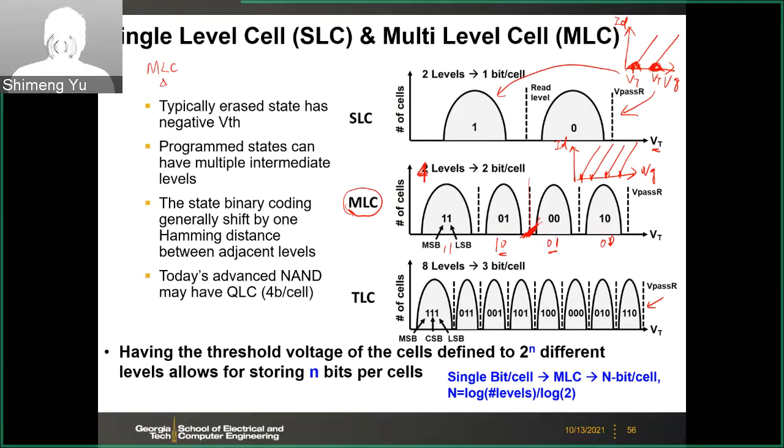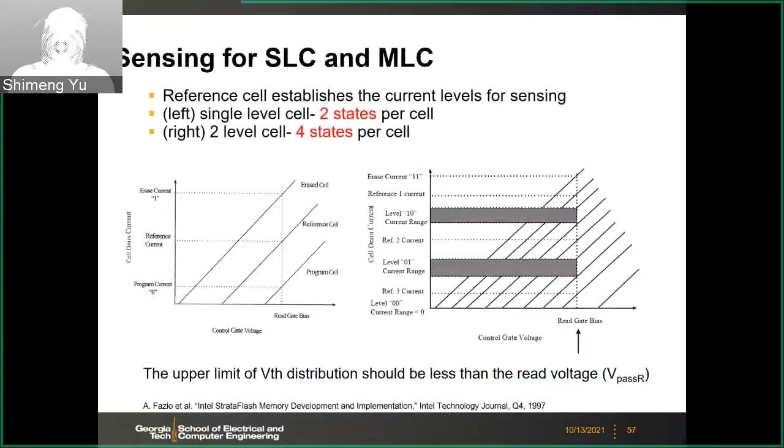All right, so this is the basic idea of the multi-level cell. Then you may wonder how we read out. Basically, we can have a multi-level sense amplifier. You can have some reference cell between the adjacent levels. If you have a single level cell, then you have the program state and erase state. This is IDVG, right? If you have some reference in the middle, then that will help to determine whether your current is larger or smaller than the reference cell.